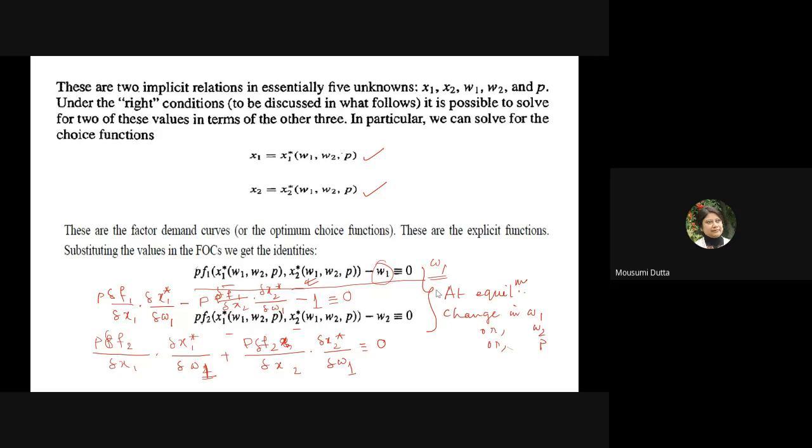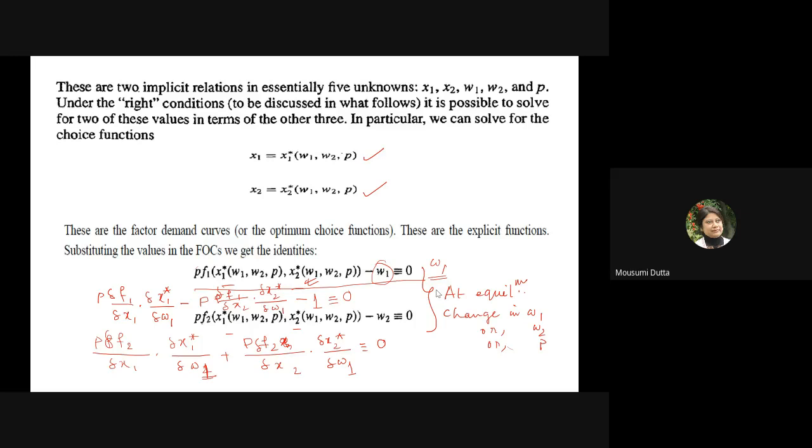Okay, so P del F1 by del X1 into del X1 star by del W2 minus P del F1 by del X2 into del X2 star by del W2 equal to 0.